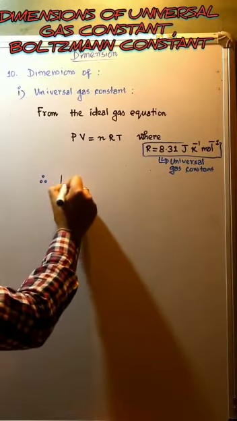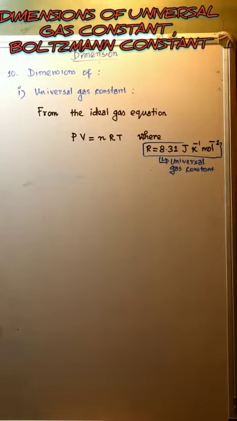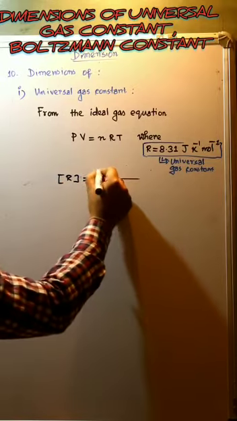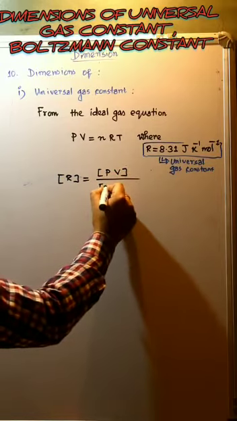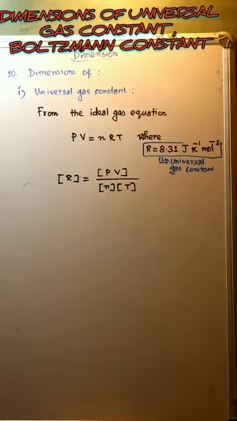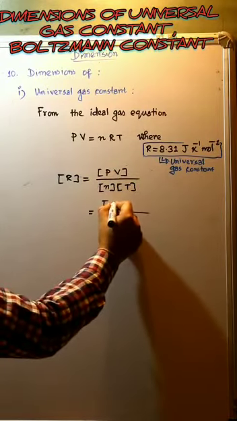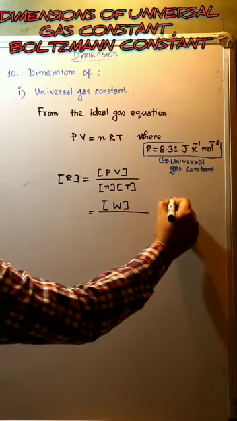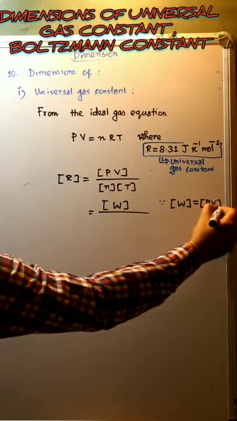Hence, we can say the dimension of R, the dimension of universal gas constant, will be equal to dimension of pressure into volume divided by dimension of amount of substance into dimension of absolute temperature. The dimension of PV is equivalent to the dimension of work done, since the dimension of W is the product of dimension of pressure and volume.